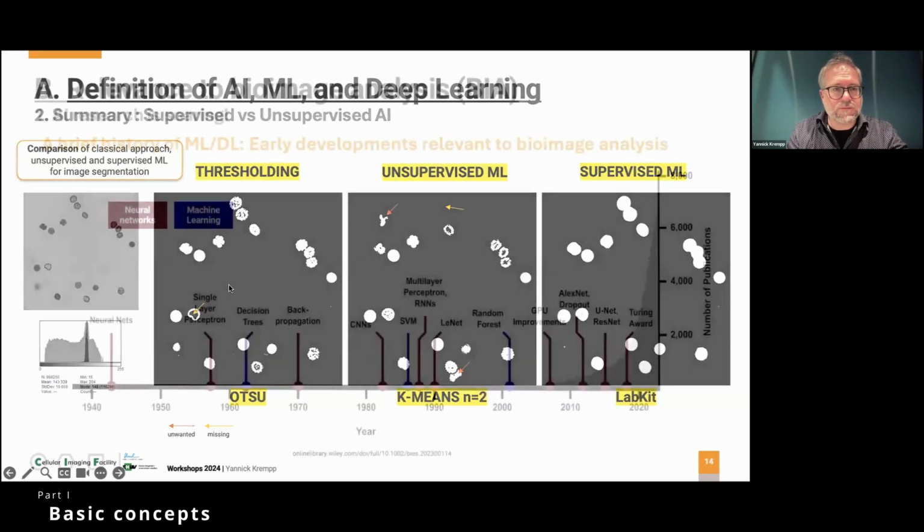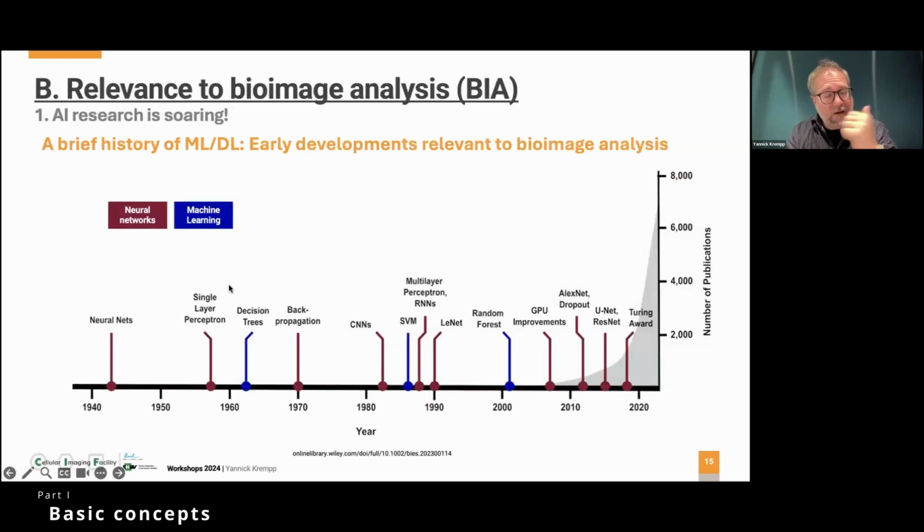So is this relevant, talking about AI in bioimage analysis? Well, if you just have a look here at the very short history of the publication rate of papers about machine learning, neural networks, and so on, you can see that the progress is quite exponential.